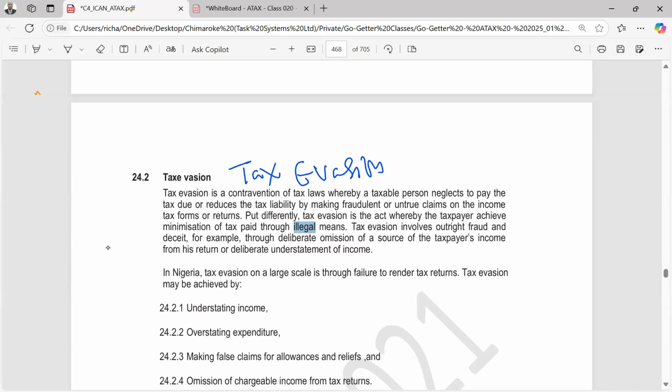Or sometimes, you get business income from your personal account and you don't disclose them in your business. That's understating of income. So you are now stating that your income is so and so and can be evidenced by your bank statement.